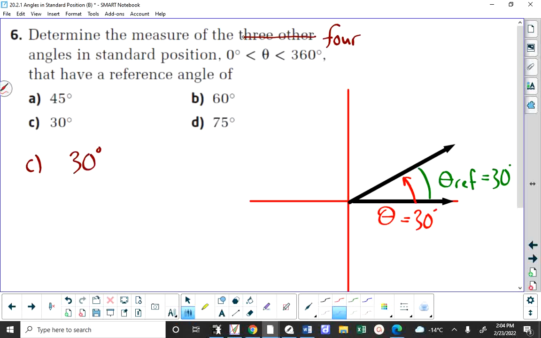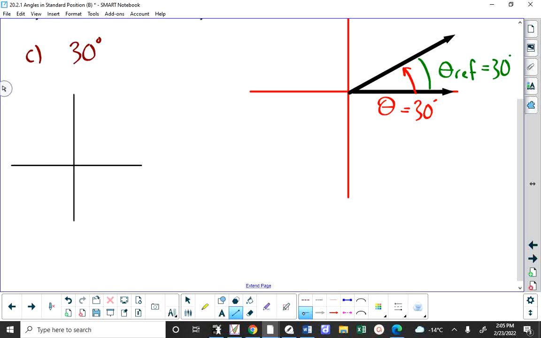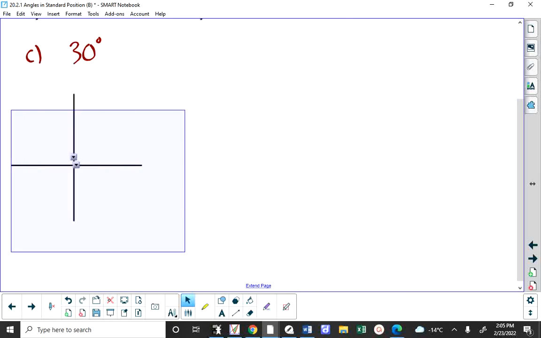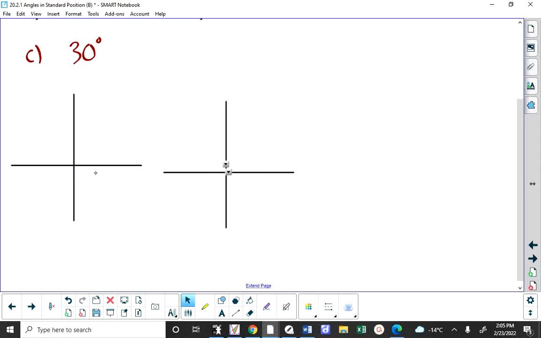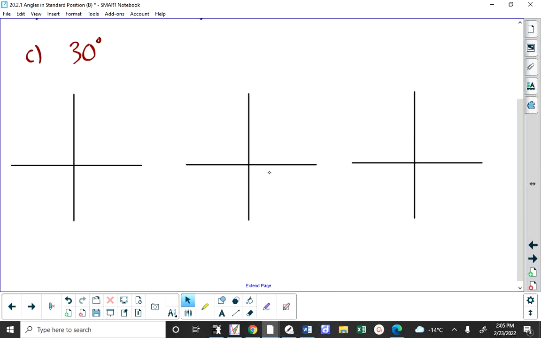So what it's saying is, if you have a reference angle of 30 degrees in quadrant 2, in quadrant 3, and in quadrant 4, what are the rotation angles? So I'm going to sketch those 3 situations. I know I can be repetitive, but sometimes words just go right through you.